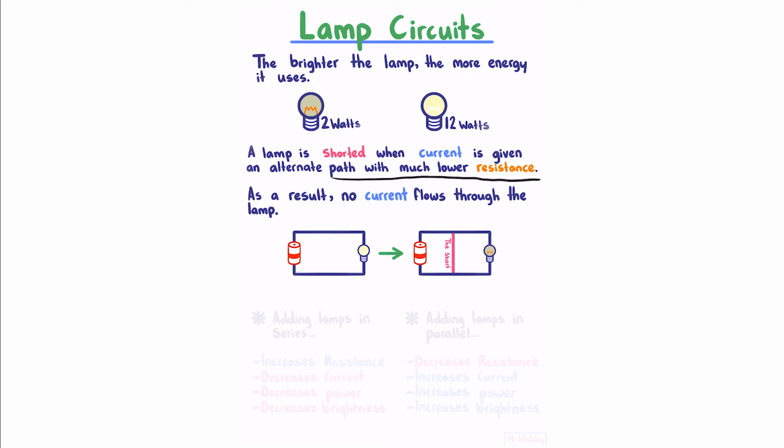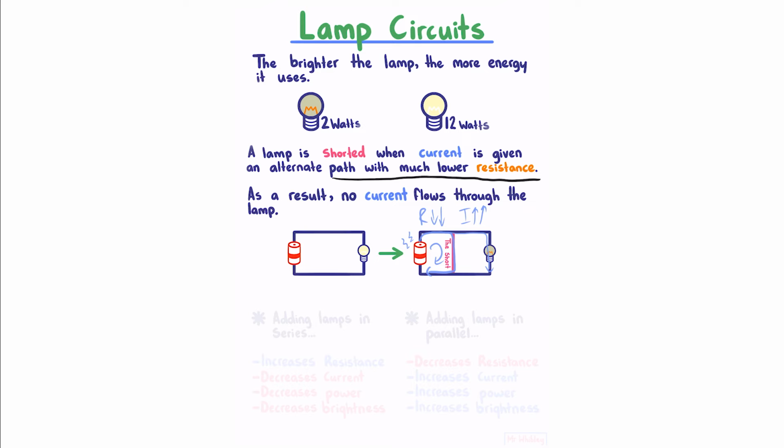So all the current is going to flow through here, and very little, if any, is going to flow through here. This is a bad thing for our battery, because this circuit here has a much lower resistance, which is going to result in a much higher current, resulting in a lot of power being dissipated in the battery, causing it to get hot, and perhaps even exploding.